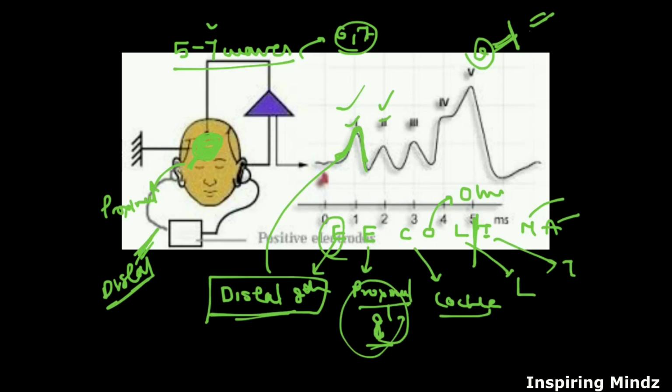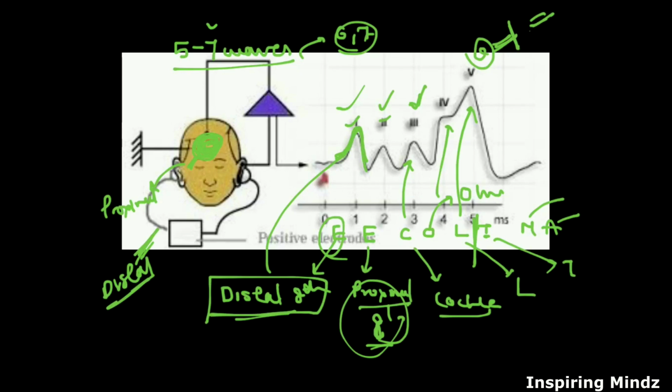Wave 3 is formed from cochlear nucleus. Wave 4 from olivary nucleus, the opposite side olivary nucleus. And wave 5 is formed from lateral lemniscus.